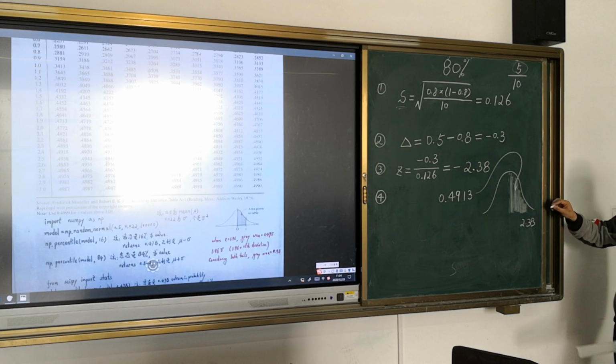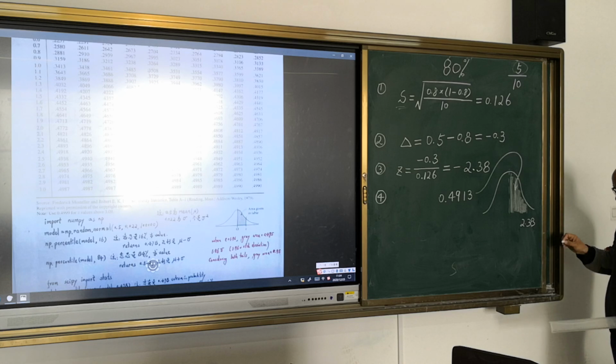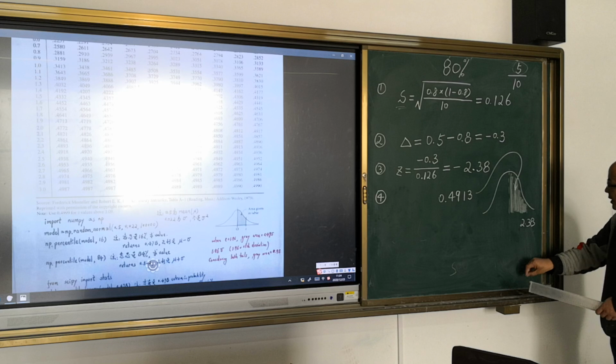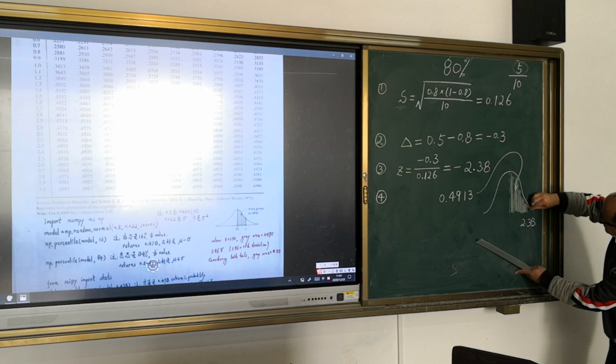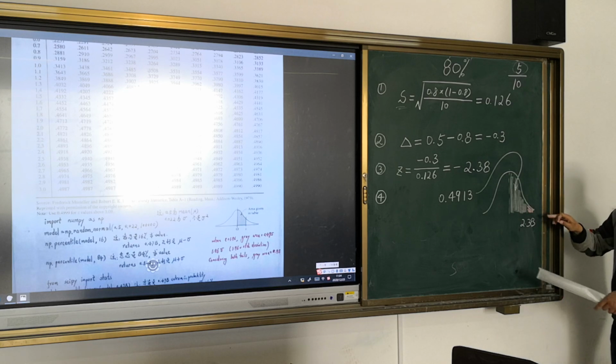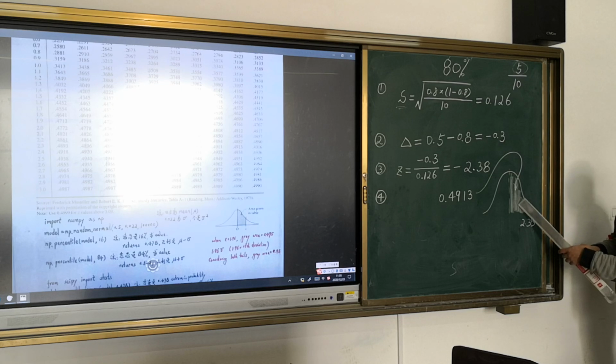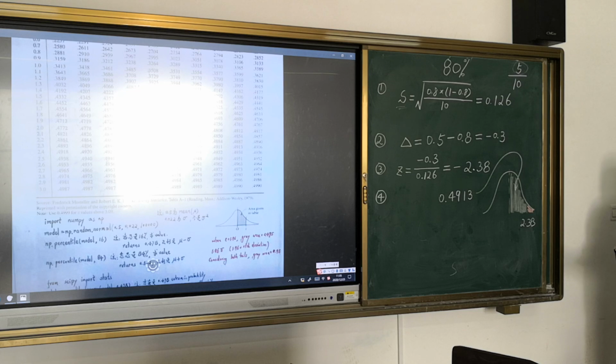And then what's this area? Let me dig out a little bit of red. Then what's this area? The red one plus this one should be 0.5. You see?